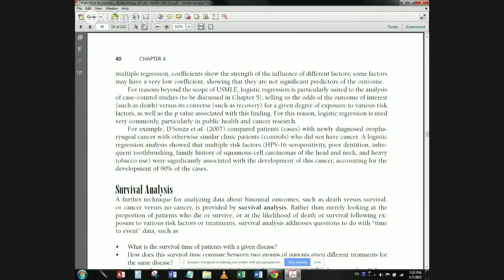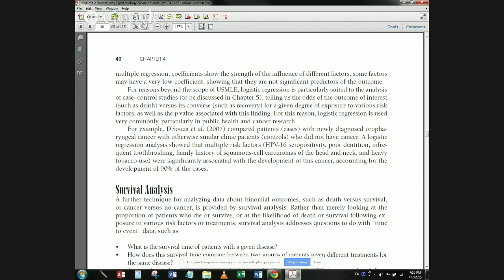Survival analysis. A further technique for analyzing data about binomial outcomes such as death versus survival or cancer versus no cancer is provided by survival analysis, rather than merely looking at the proportion of patients who die or survive, or at the likelihood of death or survival following exposure to various risk factors or treatments.